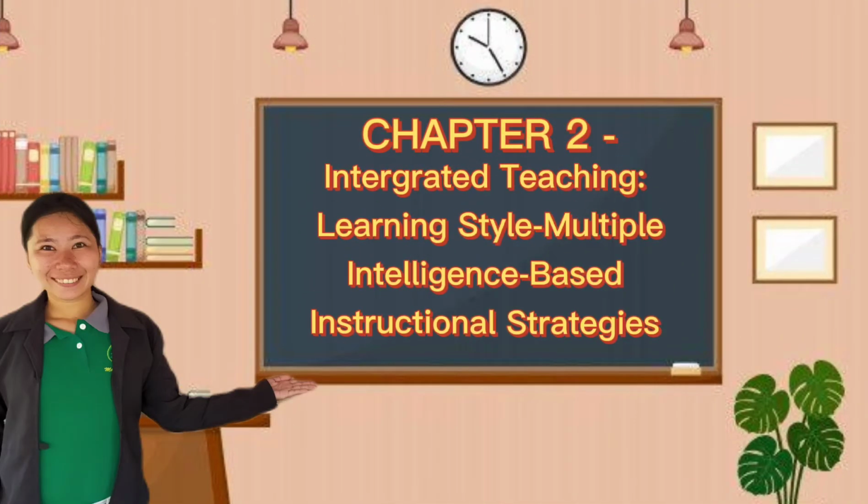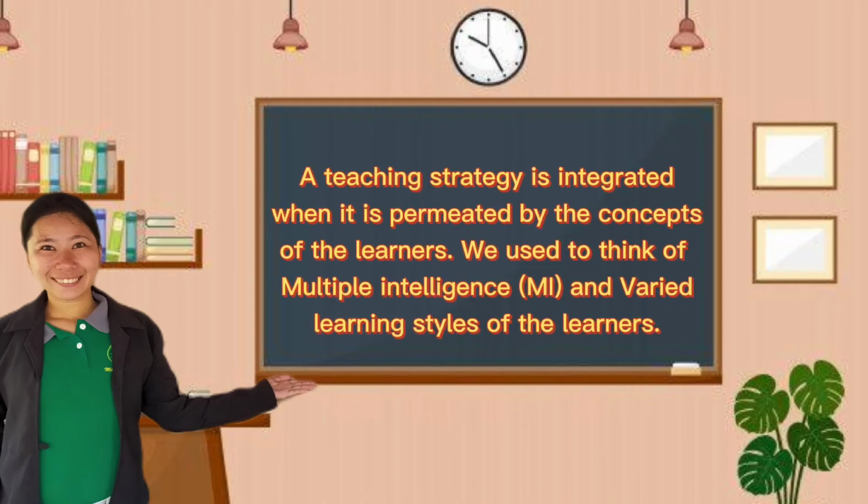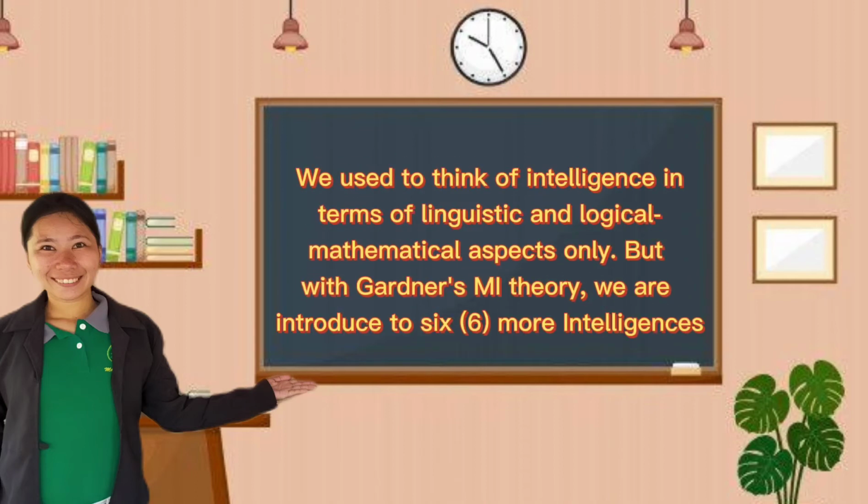Chapter 2: Integrated Teaching, Learning Style and Multiple Intelligence-Based Instructional Strategies. A teaching strategy is integrated when it is permitted by the concepts of multiple intelligences and varied learning styles of the learners. We used to think of intelligence in terms of linguistic and logical-mathematical aspects only.